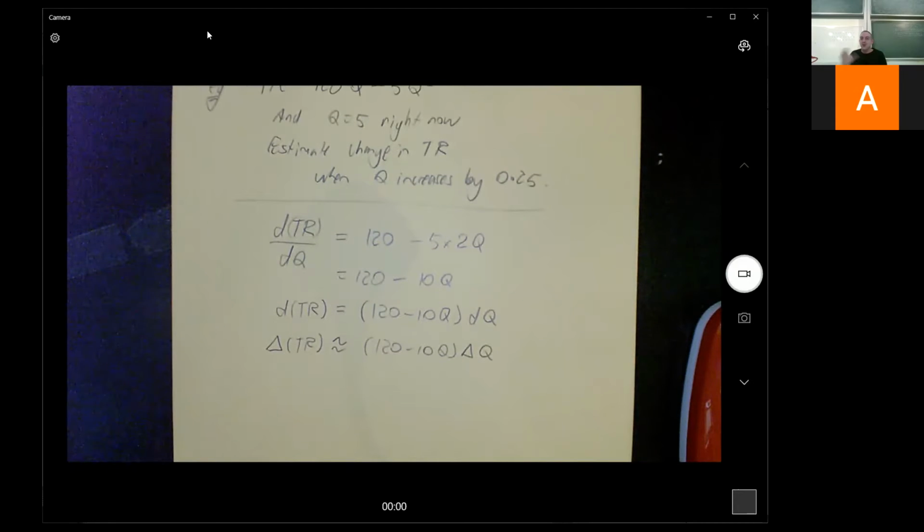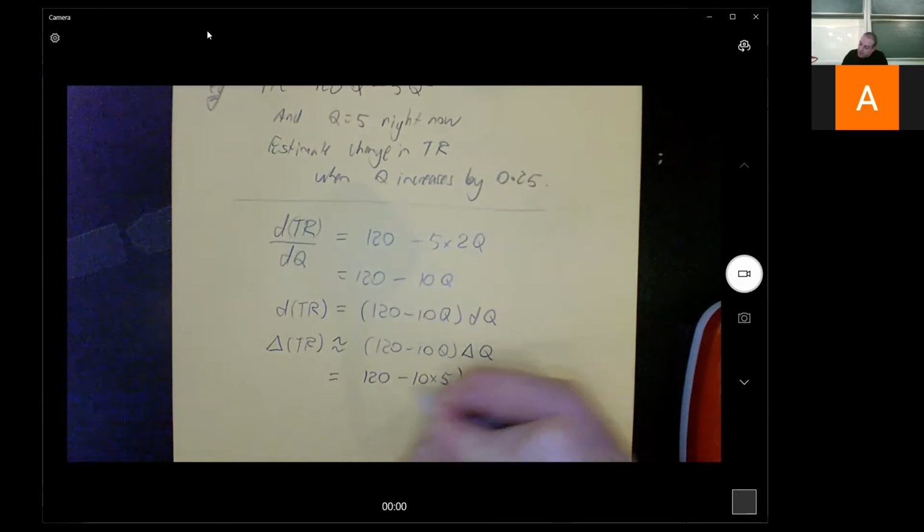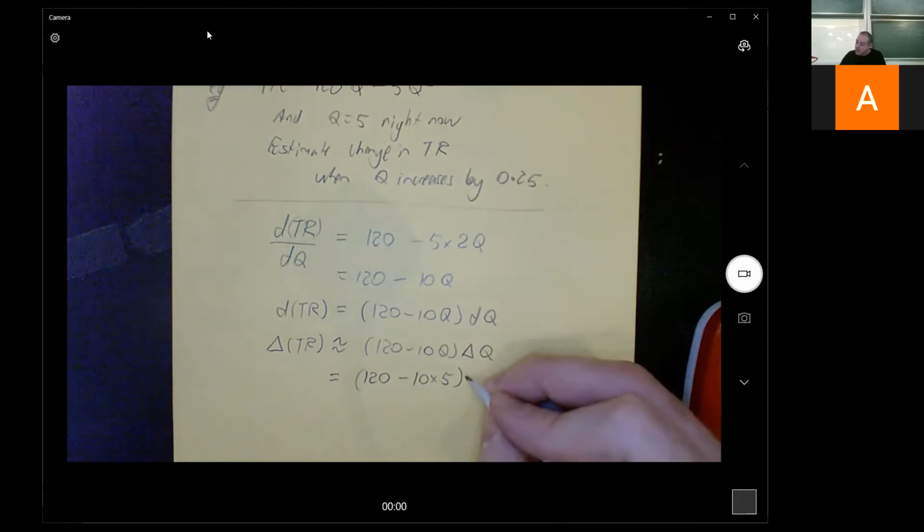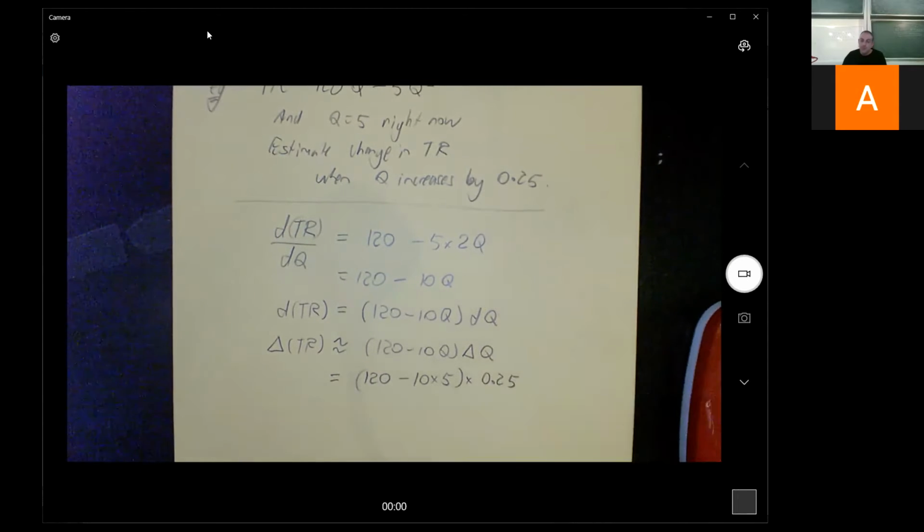It's always nice to try and match what your lecturer does because everyone uses slightly different notation, but this is how I do it. And so, because at the moment Q is equal to 5, I can put that in. And the change in Q is 0.25. And so this would be whatever it works out to be. 120 minus 50 would be 70. And that would be whatever a quarter of 70 is, 35... 17.5.